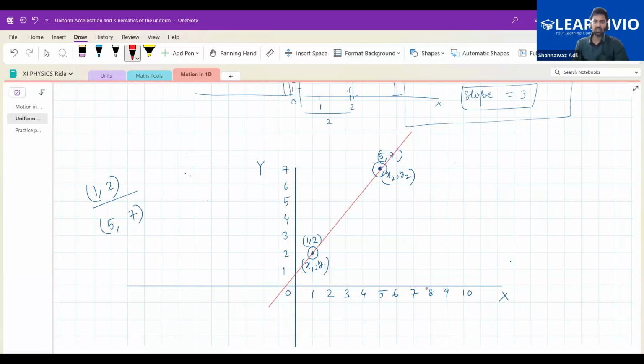So now this is the straight line, right? Yes.